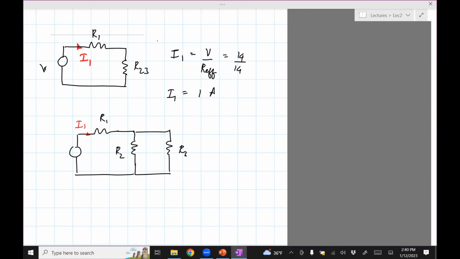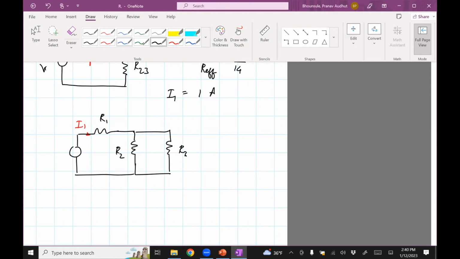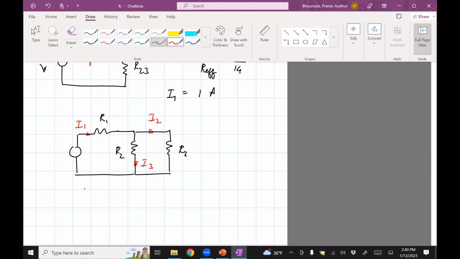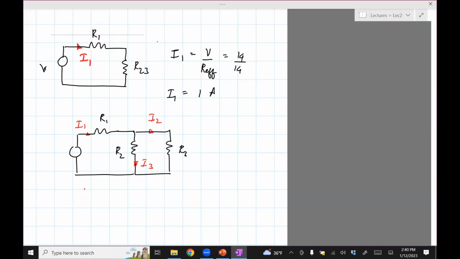The current goes through R2 and R3, and let's say it splits itself into I2 and I3. Note, we know I1, we already computed that. We need to compute I2 and I3.